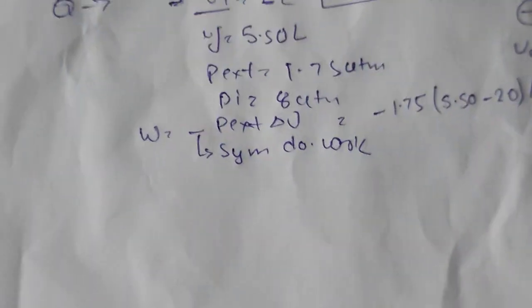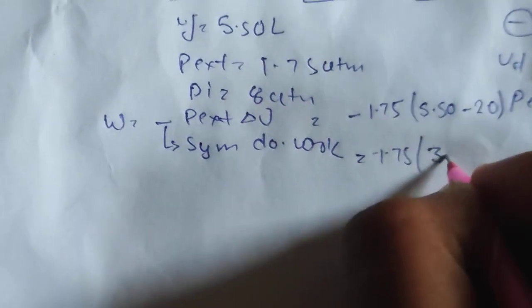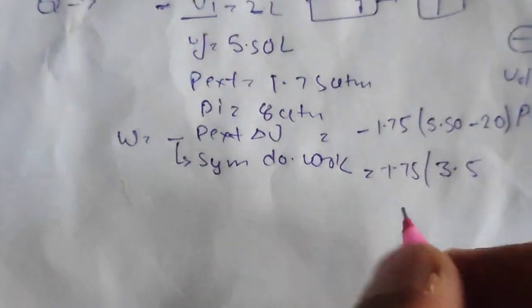Solving it, it becomes minus 1.75 times 3.5, because 5.50 minus 2.00 is 3.50.